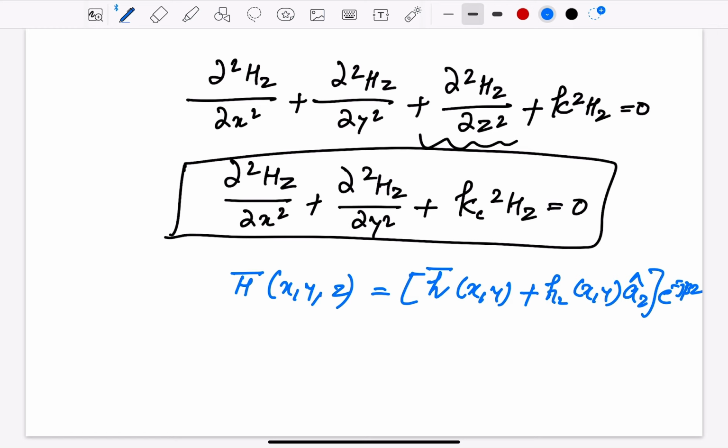So here Hz is a function of x, y, z, as Hz(x, y) e to the power jβz.